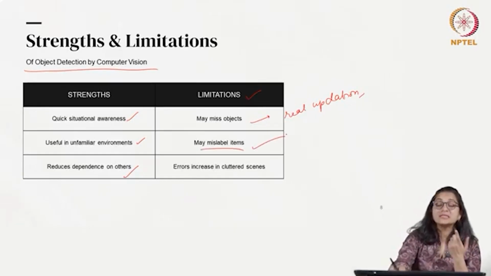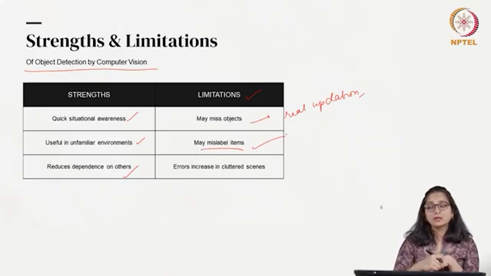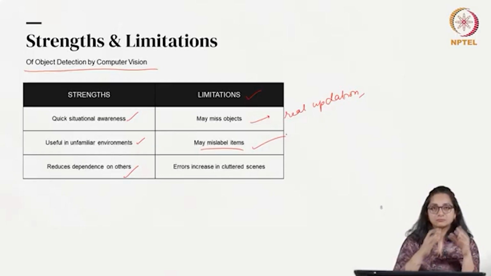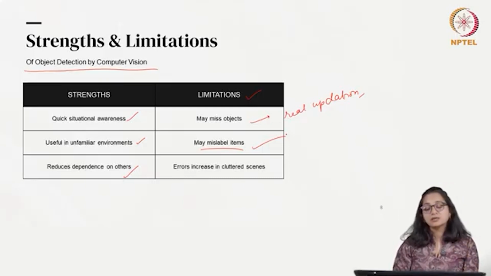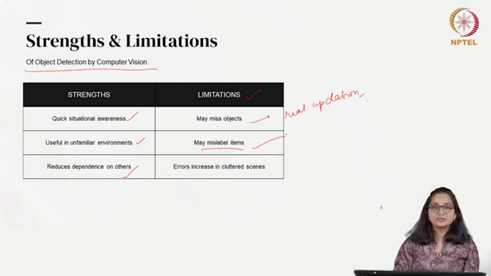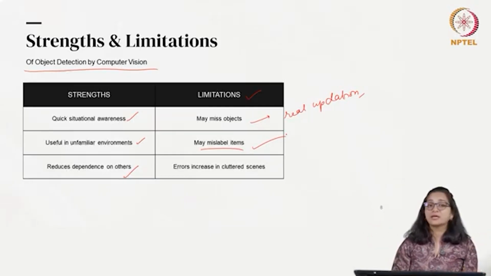It may mislabel items. It may detect item A and label it as item B. So it may really be a pole, but it may identify it as a human or something else. It may be a big truck, but it may identify it as a building, for example.